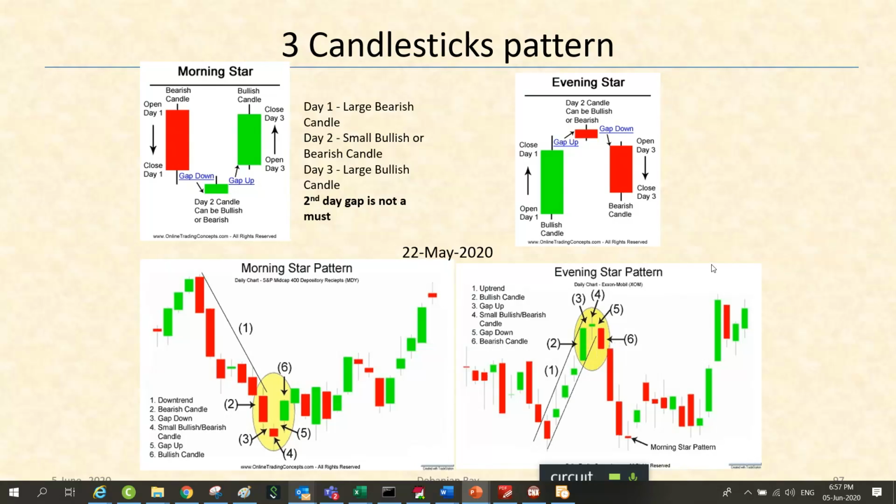So if you know this pattern and then use the support and resistance lines which I have shown you earlier, you will be able to know from the candlestick patterns whether the probable stock price is going to rise or fall the next day.